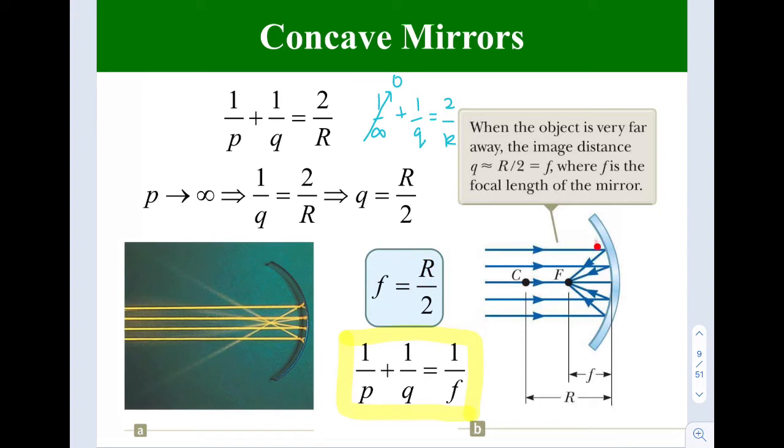So it only depends on the curvature of the mirror, not on the material of the mirror. Whether it is made from glass or plastic, let's say, it doesn't matter. What does matter for f is the radius of the curvature, not the material of the mirror itself.